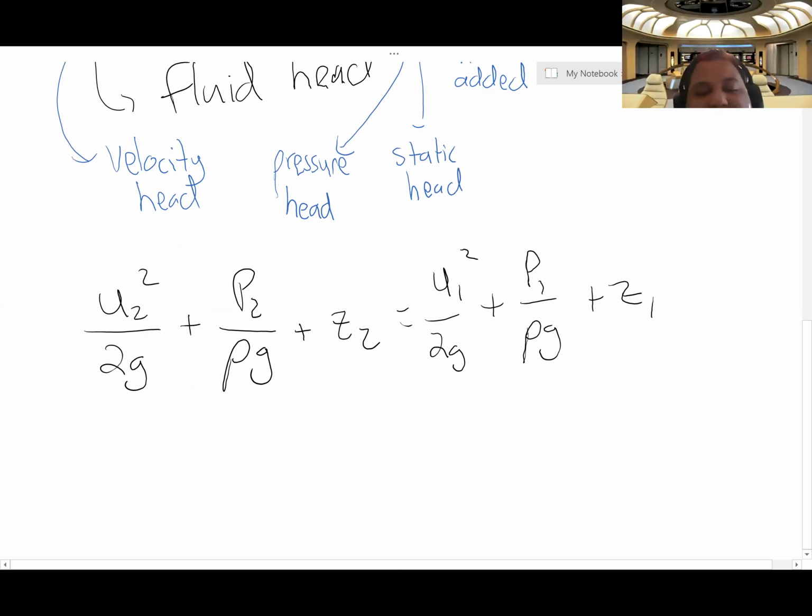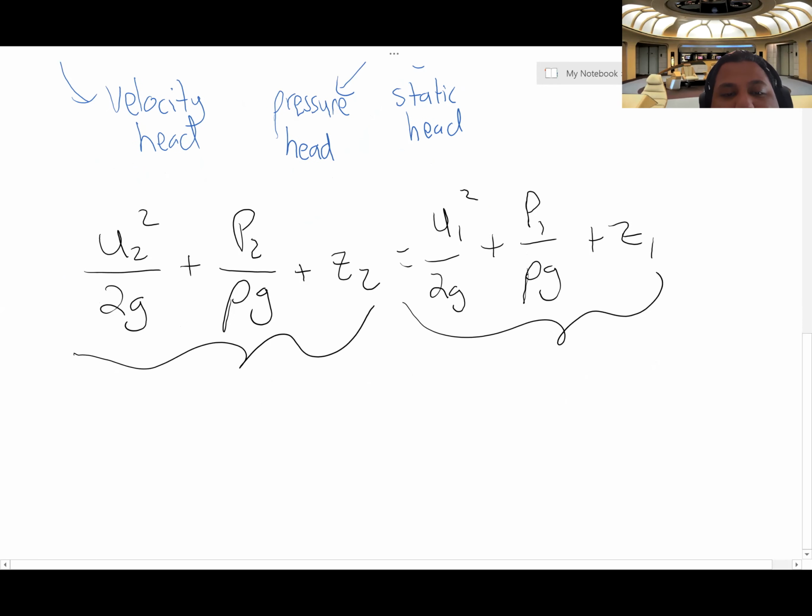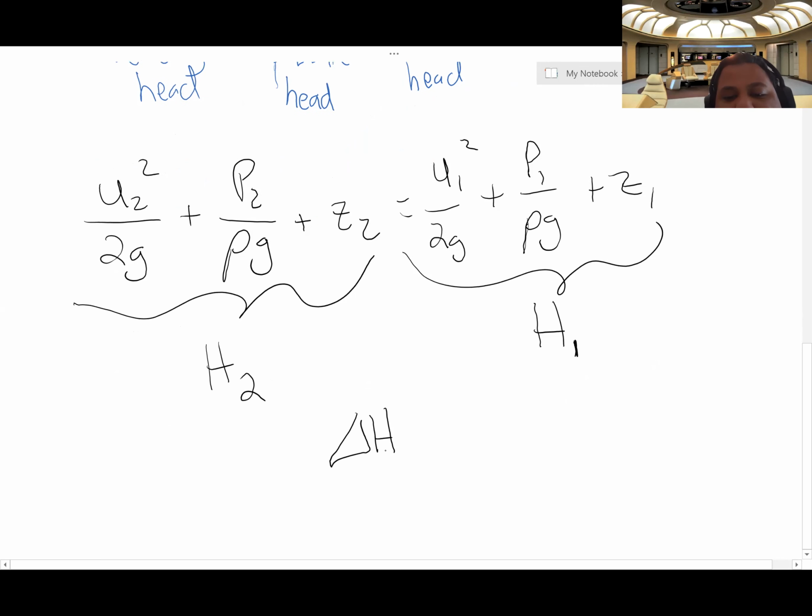Meaning, if we're looking at a system with no work or friction, and we look at a comparison between 2 points as we've done, we find that the energy at point 2 is equal to the energy at point 1. Or the fluid head at position 2 is equivalent to the fluid head at position 1, which means for these systems, the change in fluid head is 0.